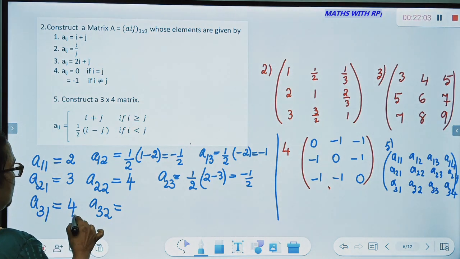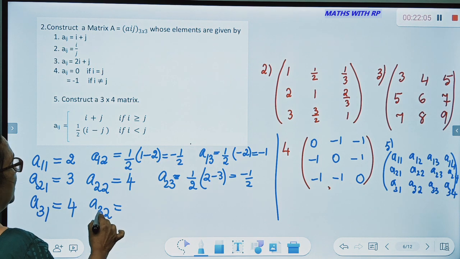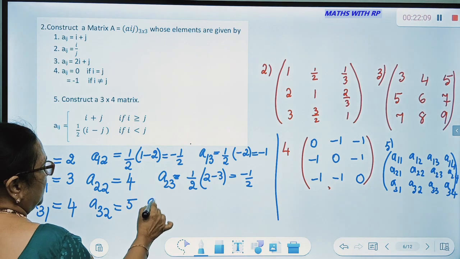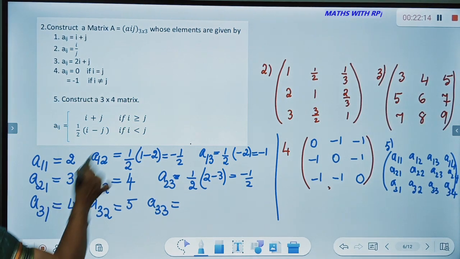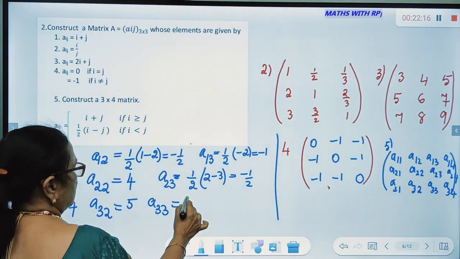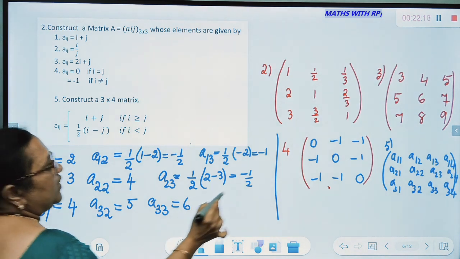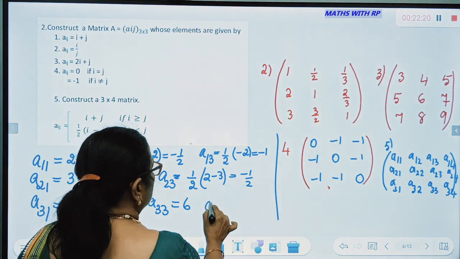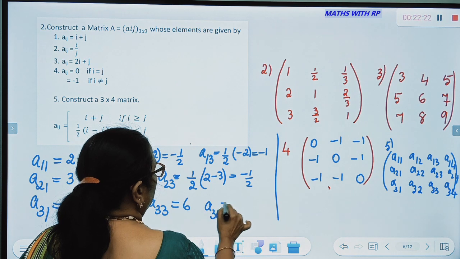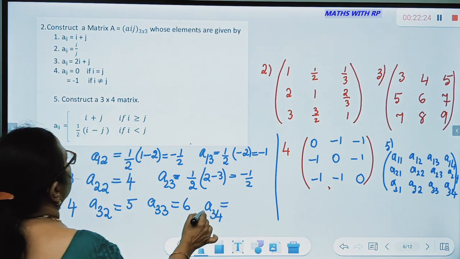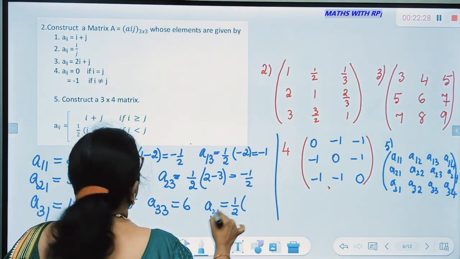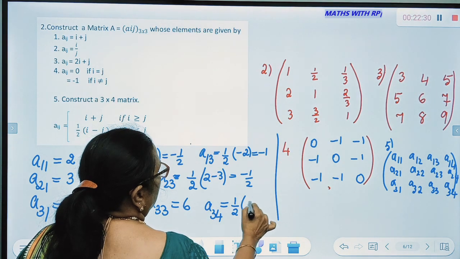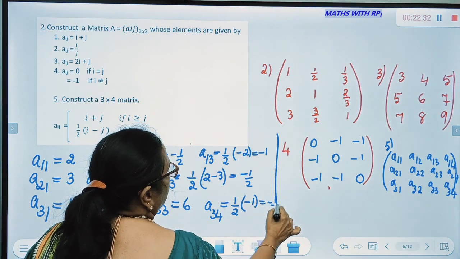So A31 is 4, A32 will be, now i is greater than j, therefore it is i plus j, which is 5. A33 will be i plus j, which is 6. Okay, but I need till A34. So A34 will be i is less than j. So when i is less than j, half of 3 minus 4, which is minus 1, which is minus half.